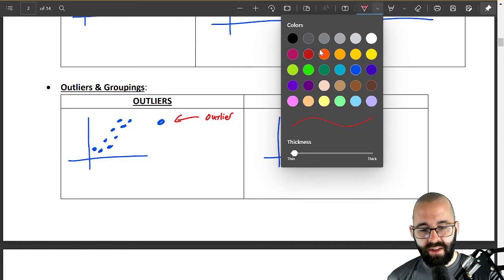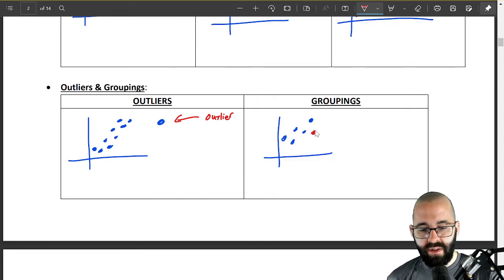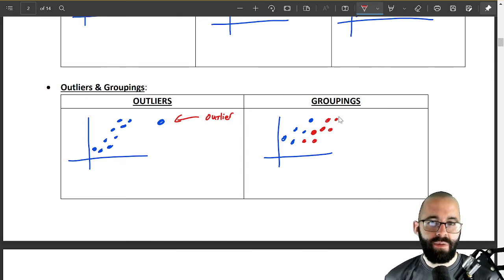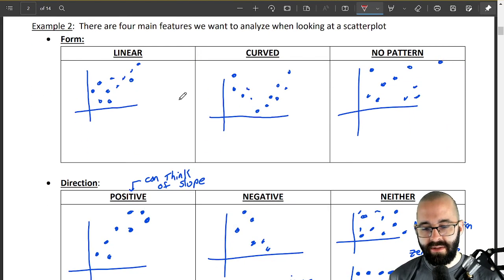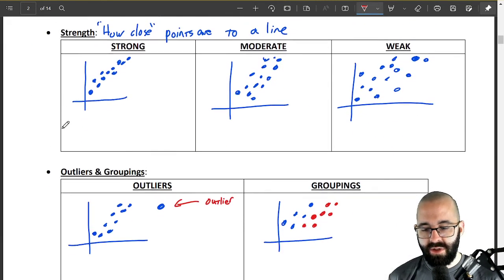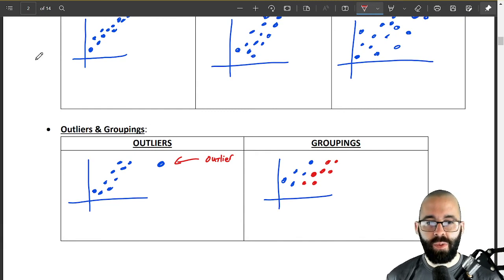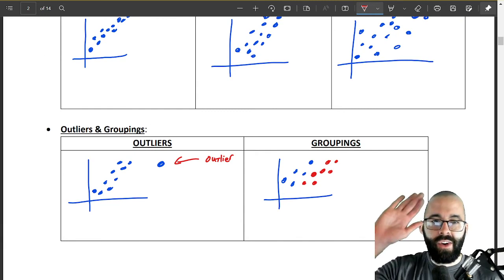Maybe you have two different trends if you group your data differently. So it's more interesting if you look at the individual groups. All right, so those are the various aspects of scatterplots: form, direction, strength, outliers, and groupings, things to be aware of. All right, good luck.